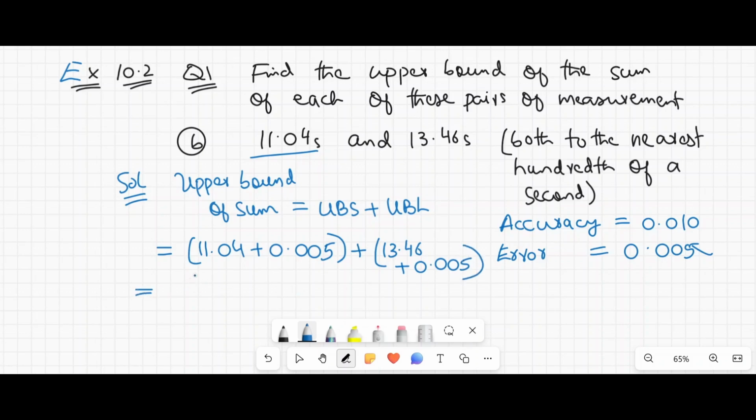So you will get 11.045 plus 13.465. Now add these terms.